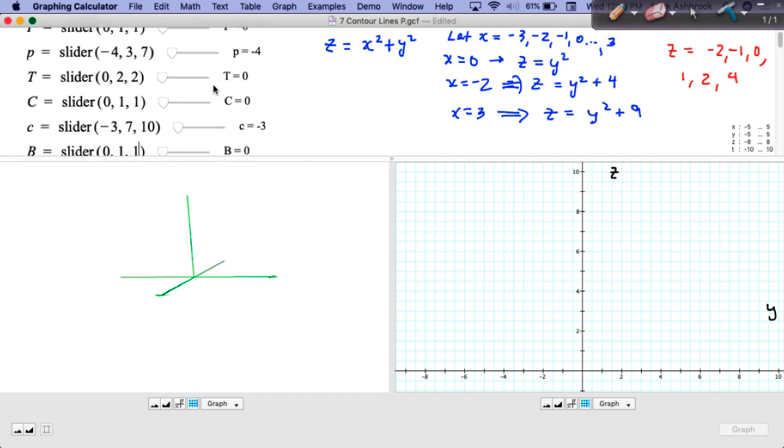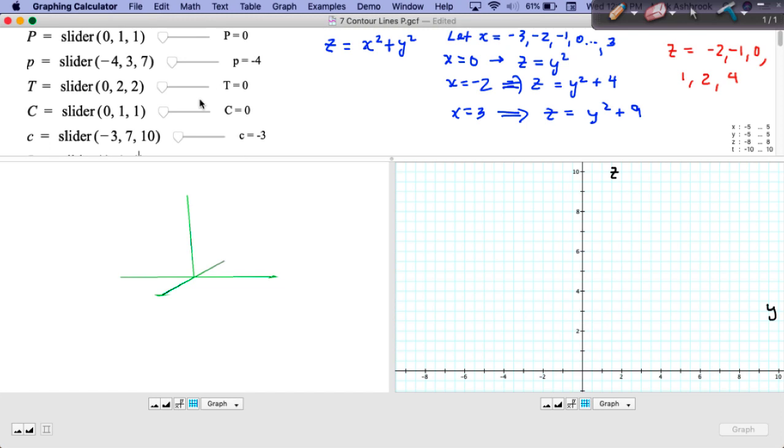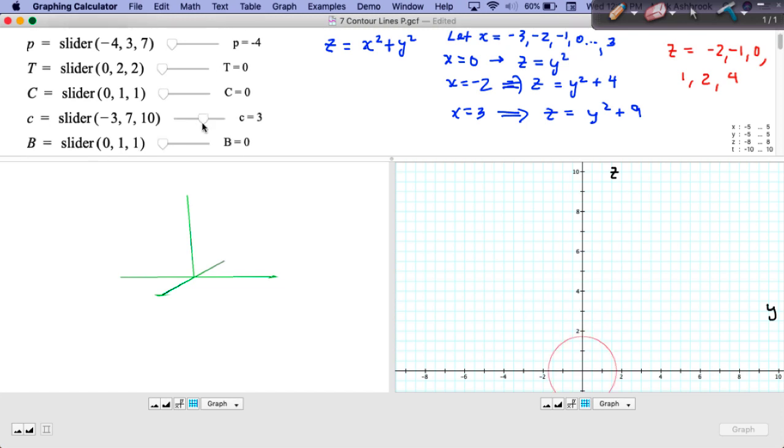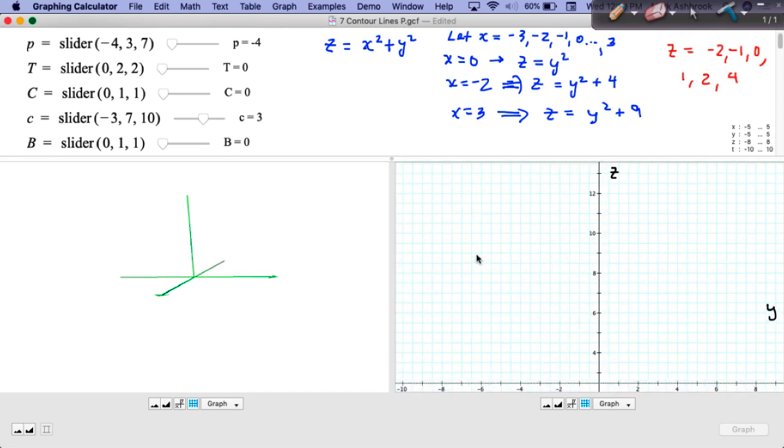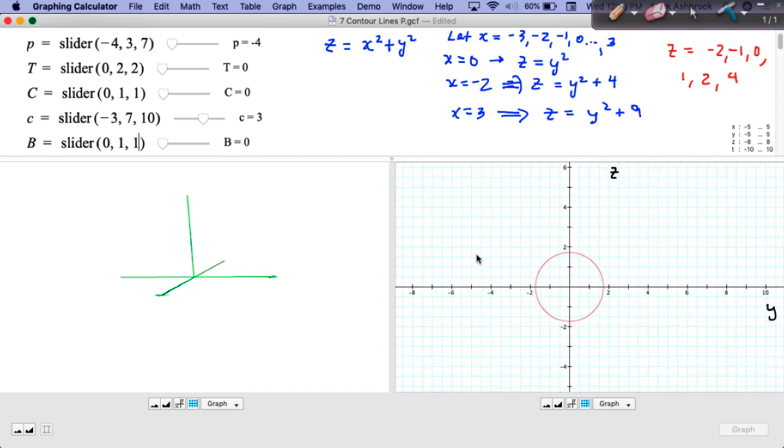Okay, so let's take a look. That's the one you didn't do. So when c is 4, what do you get? Did you get a circle with radius 2? Yeah, and so where does that circle live?